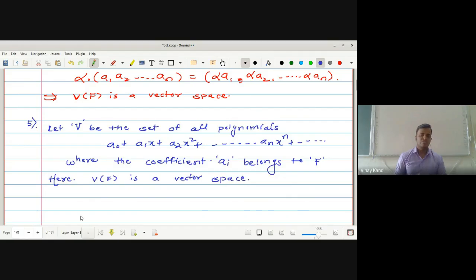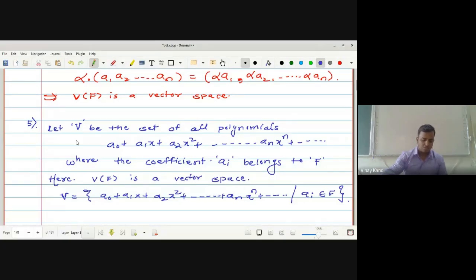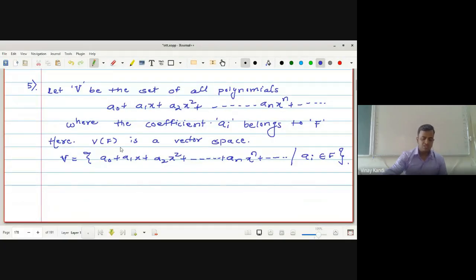What is the nature of V? The set V is a0 plus a1x plus a2x squared plus up to an x raised to n and so on, where all the coefficients ai belong to the field F. Now what are the two operations defined on V over F? The addition and multiplication, the usual addition of two polynomials.